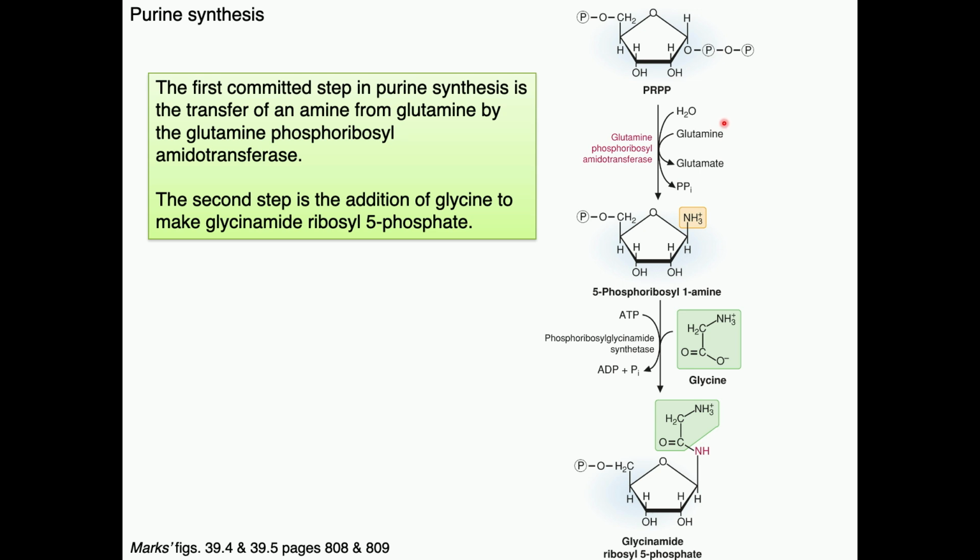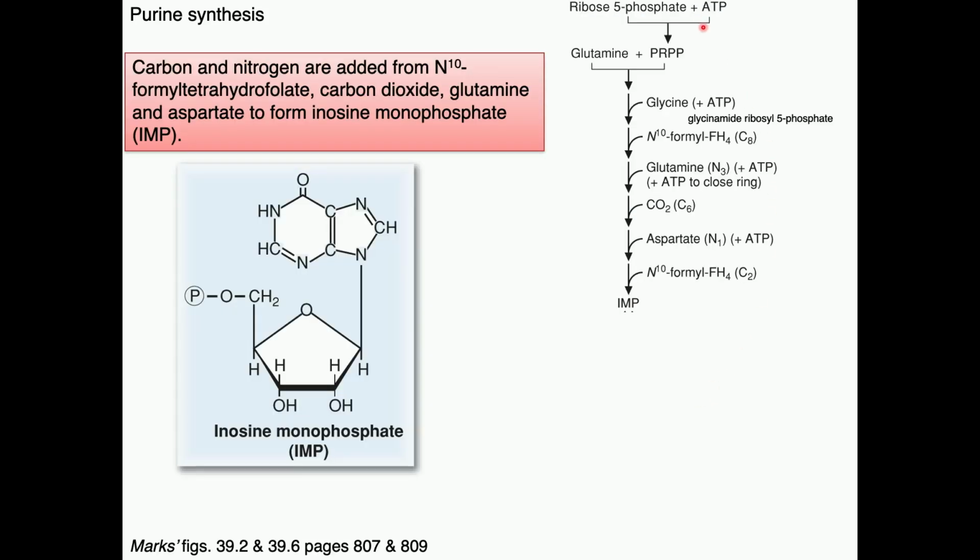So glutamine is deaminated, and the nitrogen is replacing the pyrophosphate on the PRPP. After the nitrogen is bound, then additional carbon from glycine is added, and we get the beginning of the ring structure. So that gets down to glutamine plus PRPP, then glycine.